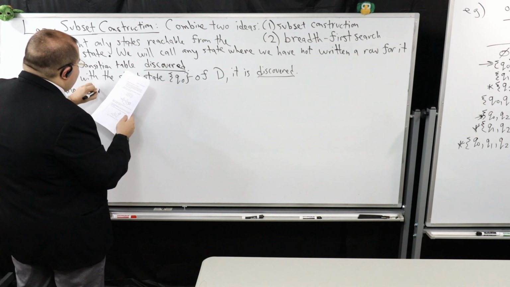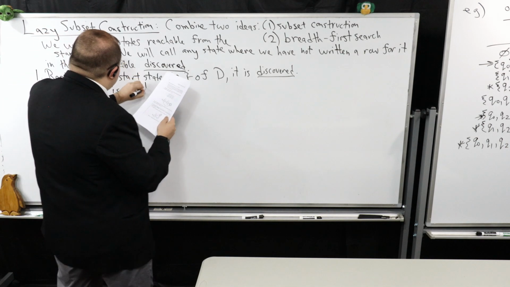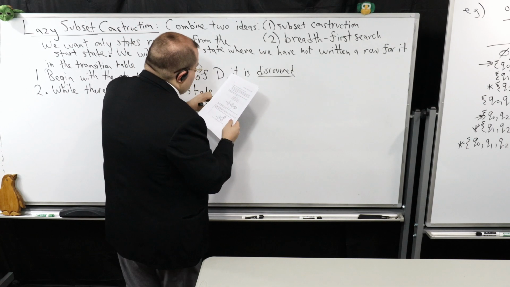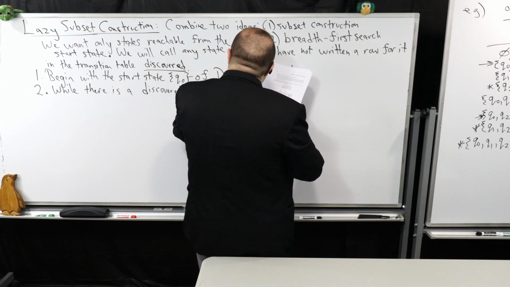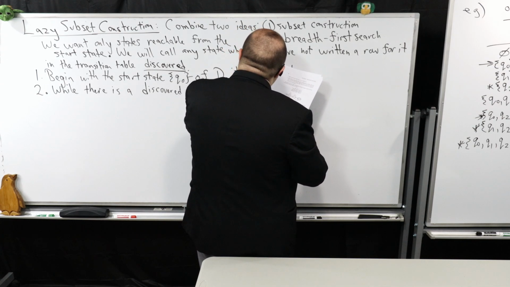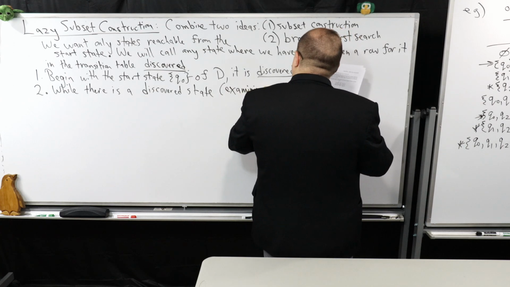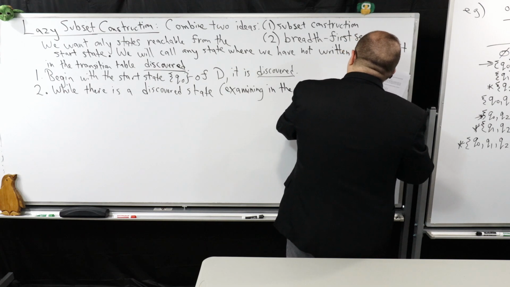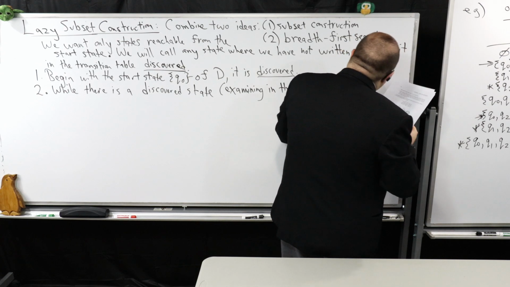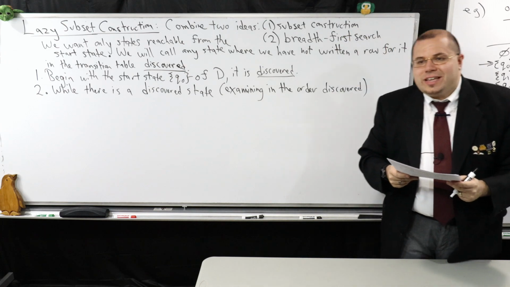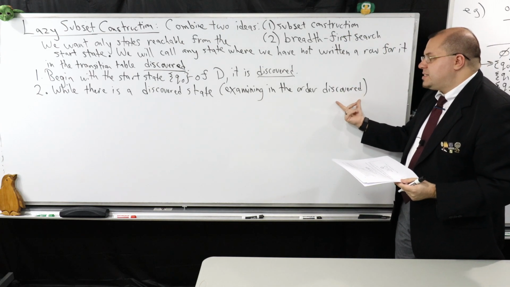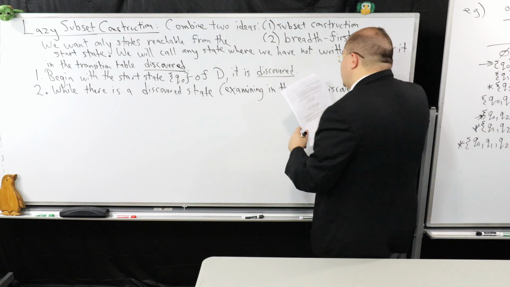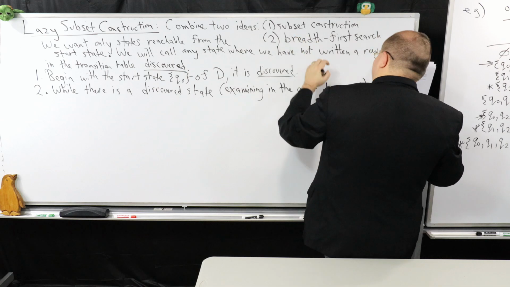While there is a discovered state, I recommend examining them in the order discovered, but you don't have to. It just makes it a little easier to keep track of things. If you examine them in the order you discover them, you can think of it algorithmically as a queue. Hence my idea of breadth first search here.